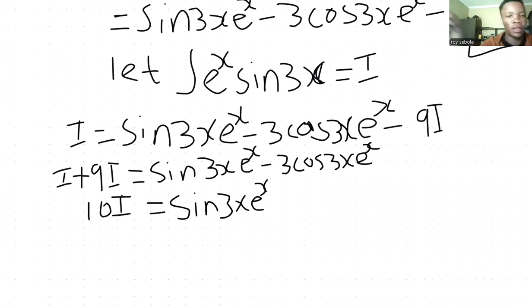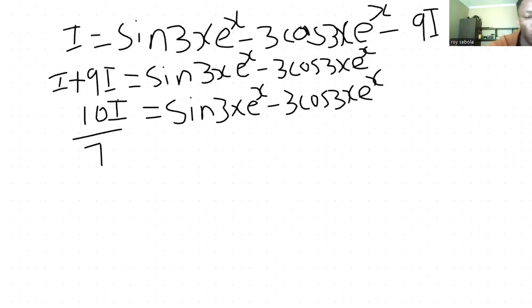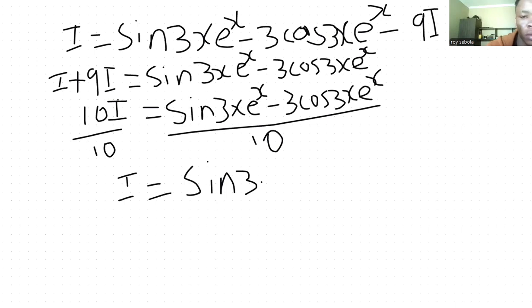Then we simply divide both sides by 10 since we are looking for I. Then I is equals to sine 3x e to the x minus 3 cos 3x e to the x, divided by 10.